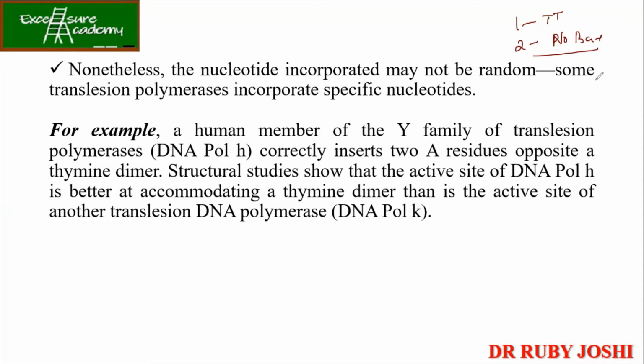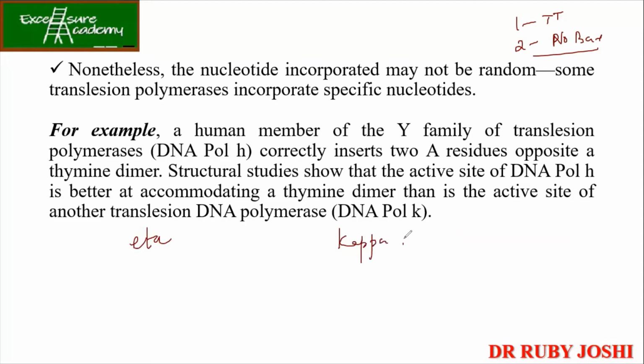Okay, so there we have talked about DinB, that is polymerase 4 and polymerase 5, correct? Now, in the case of human, so eukaryotes I'm talking about, we have got DNA pol eta. So we have got eta over here and kappa over here.